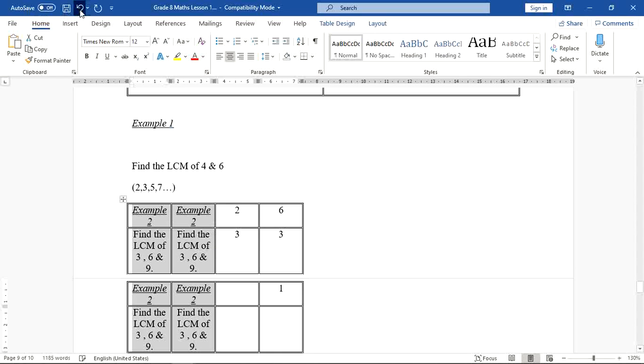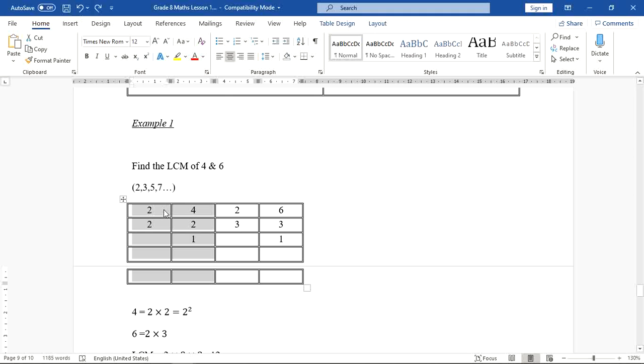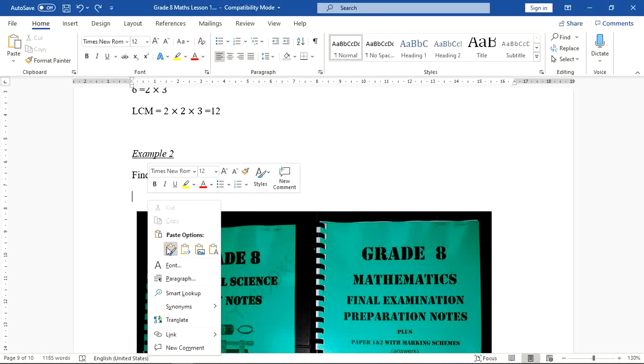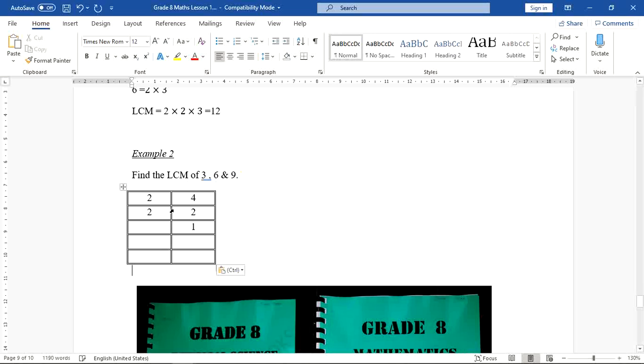We need to copy a table. Copy, then we come down here and paste. So now the first number is 3.